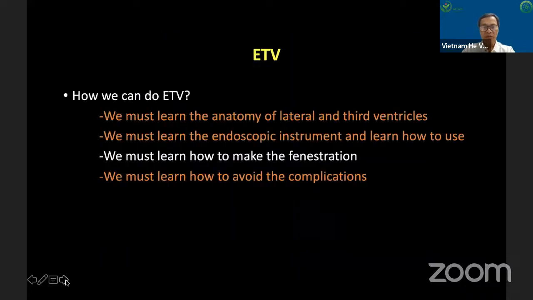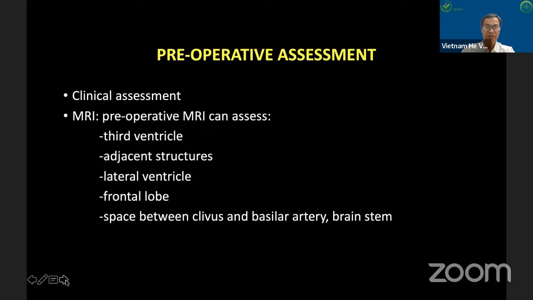And how can we do the fenestrations? Of course, we have to study the clinical assessment. We have to study the MRIs before surgery.